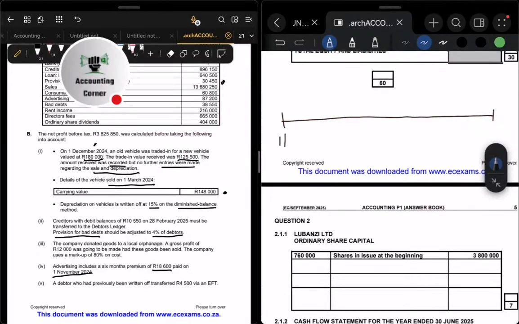So 1st March 2024 ending on 28th February 2025. And this premium was paid on the 1st of November 2024 and it's for 6 months.